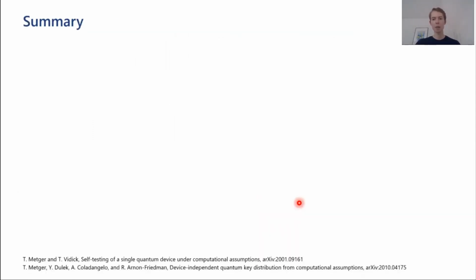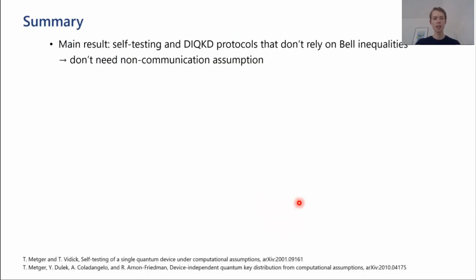Okay, so let me wrap up. The main result that we showed is that you can build self-testing and DIQKD protocols that don't rely on Bell inequalities, and therefore also don't need this non-communication assumption between the 2 devices. Of course, as I sort of stressed in the beginning, we still need non-communication to Eve because otherwise it's clearly impossible to generate a secure key.